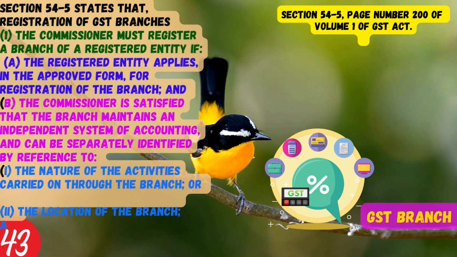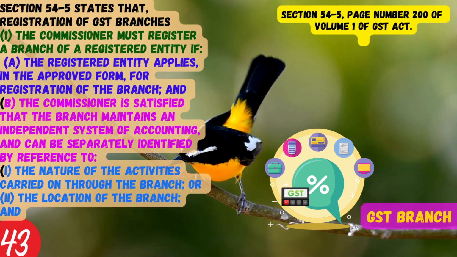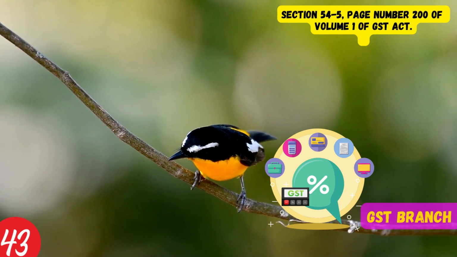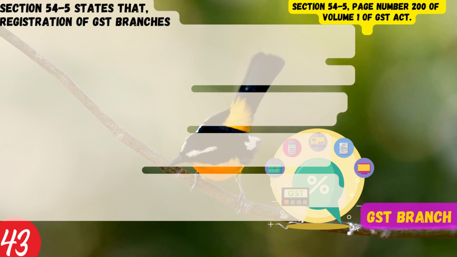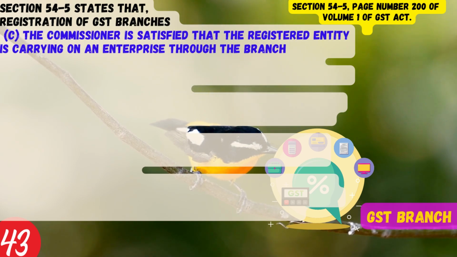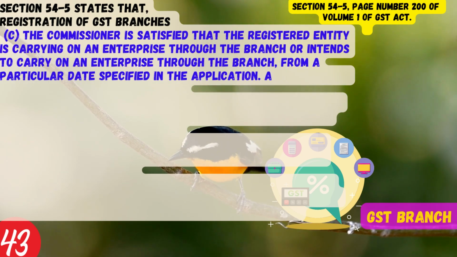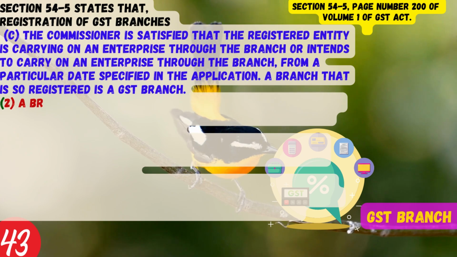The nature of the activities carried on through the branch, or 2. The location of the branch, and C. The Commissioner is satisfied that the registered entity is carrying on an enterprise through the branch or intends to carry on an enterprise through the branch, from a particular date specified in the application.